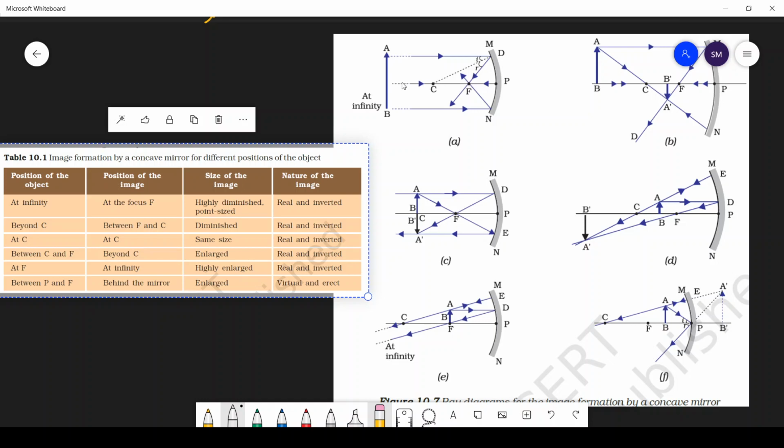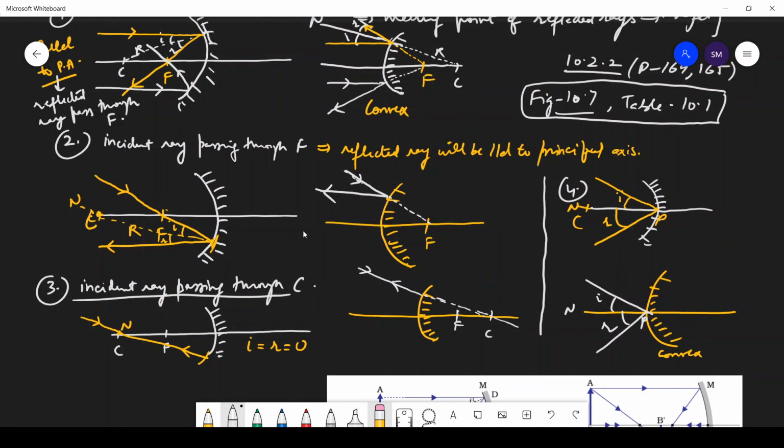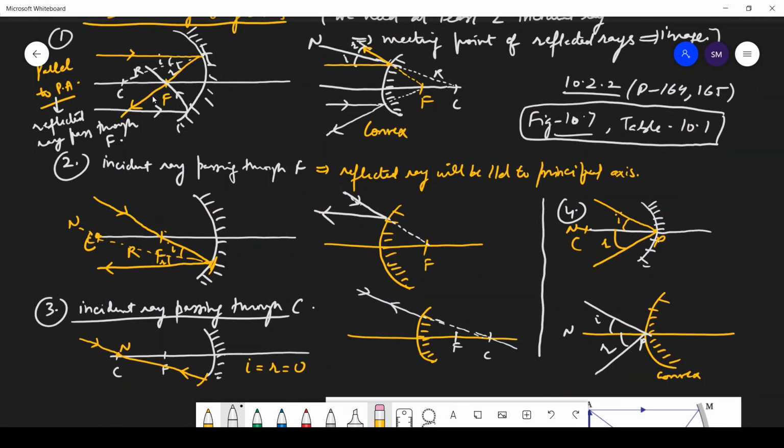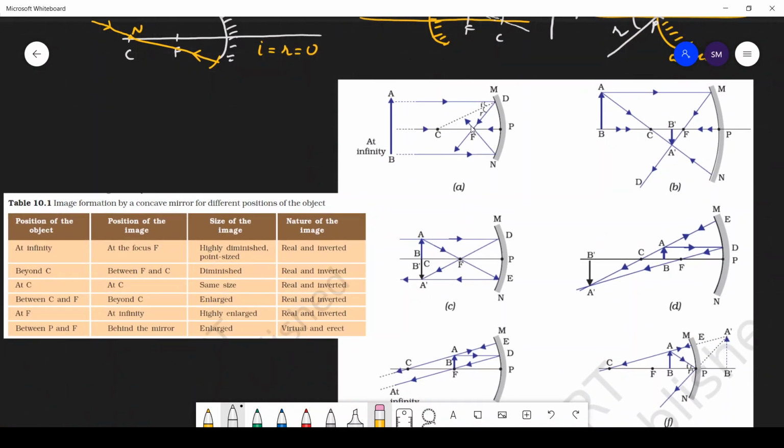So for this diagram I have taken ray 1 and ray 3, and you will have the image at the focus. You need at least 2 incident rays. Here I have in fact taken 3 rays, 1, 2 and 3. 2 of the rays are parallel to the principal axis and 1 is passing through the center of curvature, so this one is going back. But you need 2 rays.